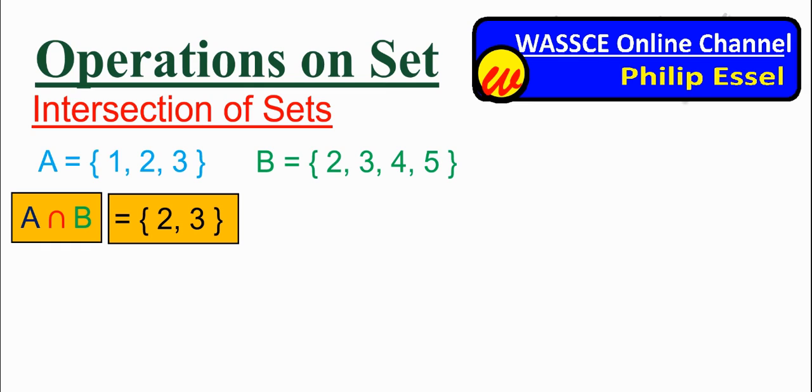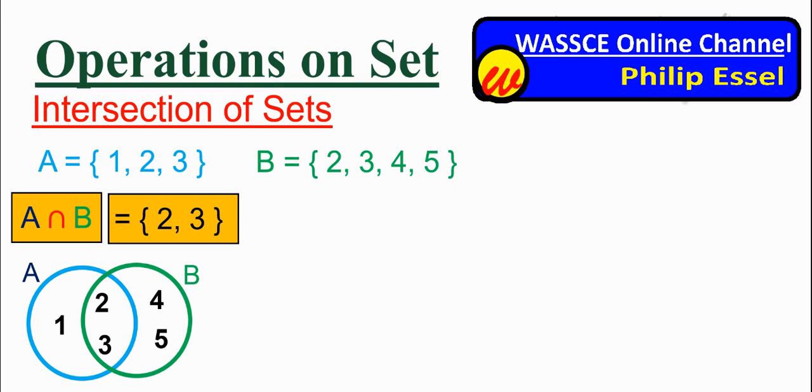We can use a diagram to illustrate this. So we have the set A with its members 1, 2 and 3. And we also have our set B with its members 2, 3, 4 and 5. And as you can see from the diagram, 2 and 3 is common to the two sets.